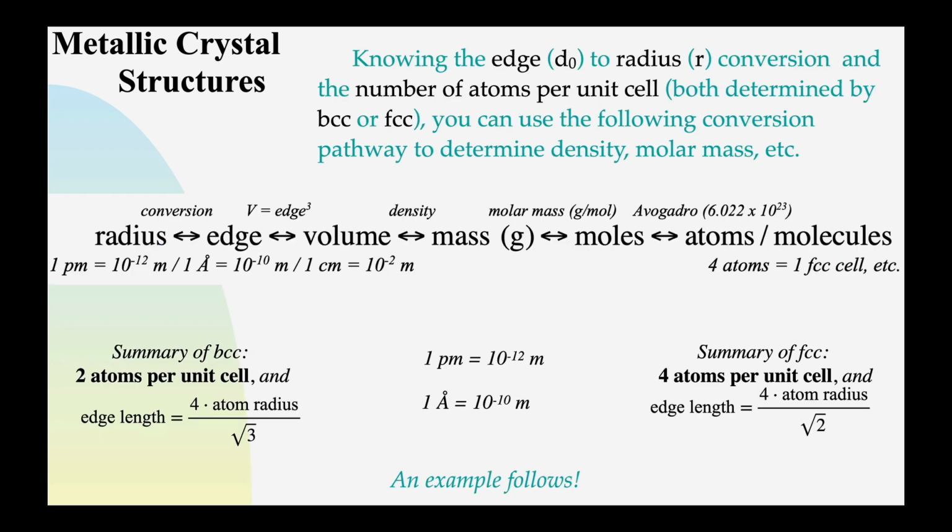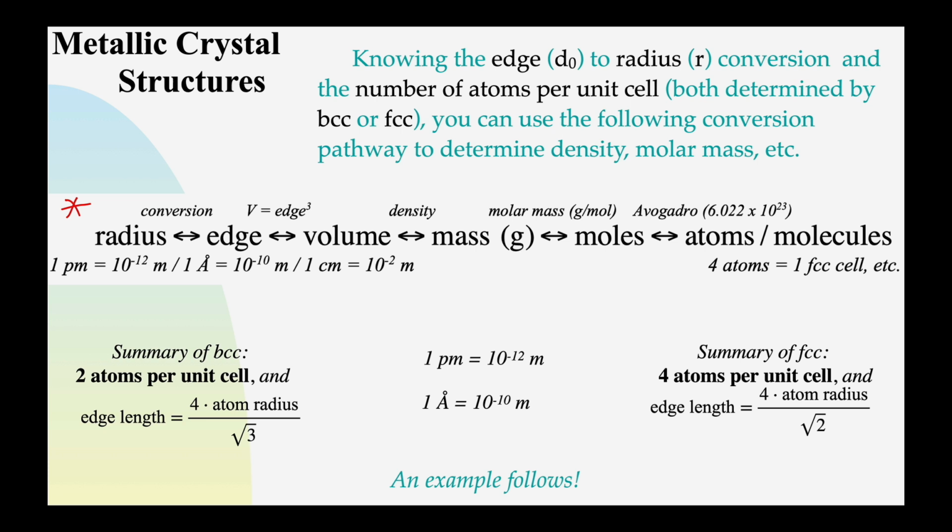If you know the edge d0 and the radius r, the radius and edge conversion, and also the number of atoms per cell, which all come from whether you have BCC or FCC, there's a really interesting pathway that can be used to find a lot of information. Think of this long, narrow thing as a type of train track.